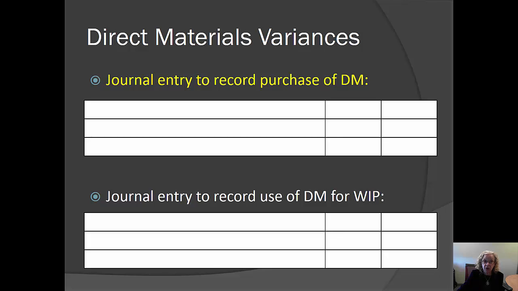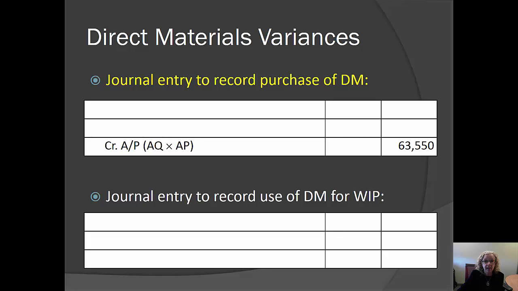To record direct materials variances, we need to record the purchase separate from the use of these materials. Go from what you know to what you don't know. We know for sure how much we owe our suppliers for the material that we actually bought.